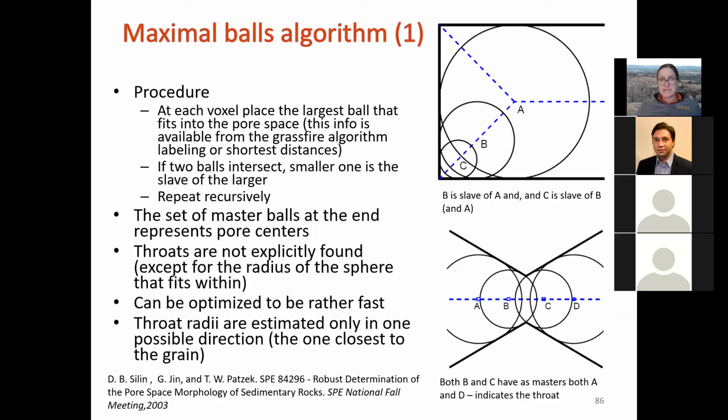What it does is the following: let's assume an inscribed radius for each point in space, and we can do that. If you remember, we have that Euclidean distance field. That's essentially what it is.